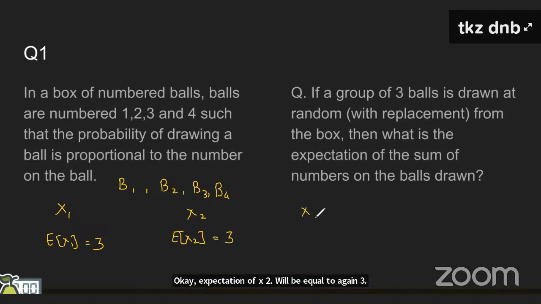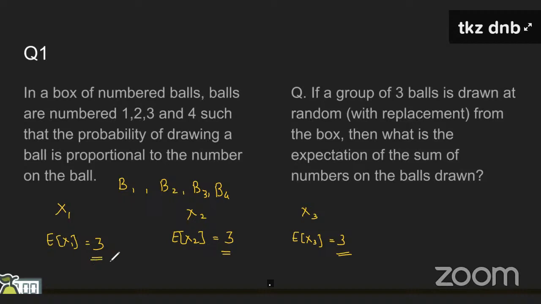Then x3 is the random variable of choosing the third ball. It also can take 1, 2, 3, 4, so the expectation of x3 is again 3. Why am I getting 3?